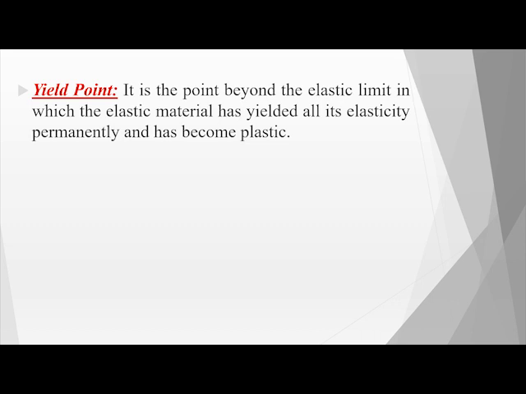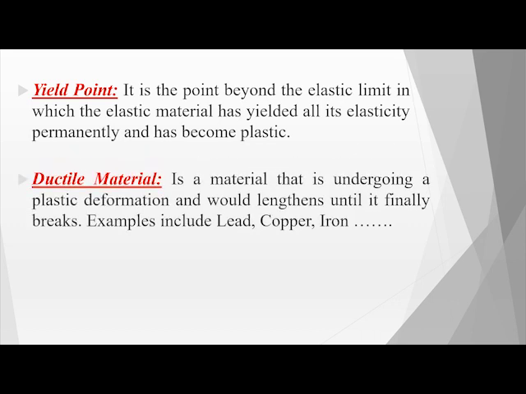This is to say that at the application of any force, the material will keep expanding without regaining its original dimension. Ductile material. A ductile material is a material that is undergoing plastic deformation and will lengthen until it finally breaks.